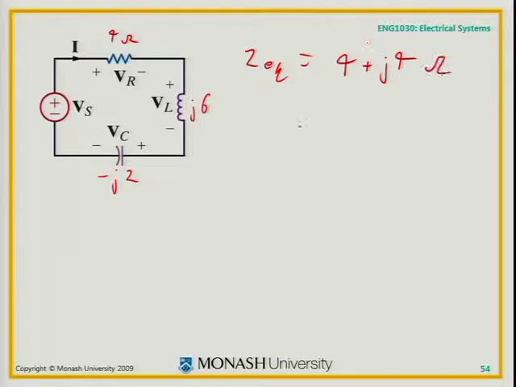I hope so. In polar form, what's 4 plus j4? It's an easy one to convert. 4 root 2 at angle 45 degrees. The real and imaginary parts are the same, 45 degree angle.